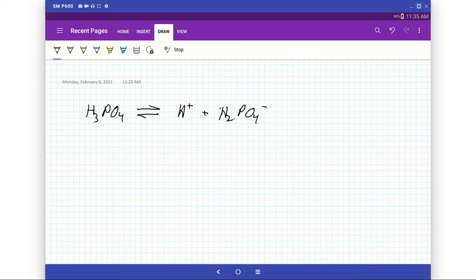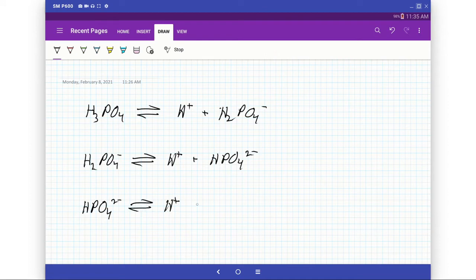That's the first proton dissociating. Second proton dissociating. Third proton dissociating. We are going to see in a little bit that we are going to be able to name this as Ka1 for the first proton, Ka2, and Ka3.